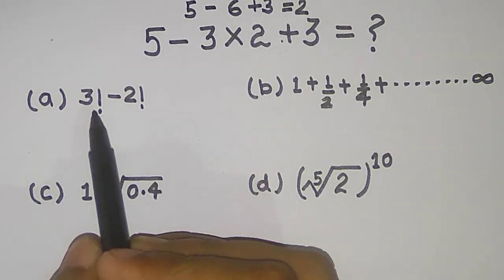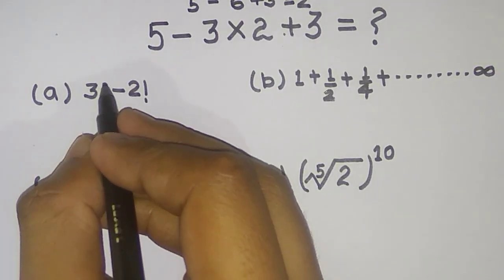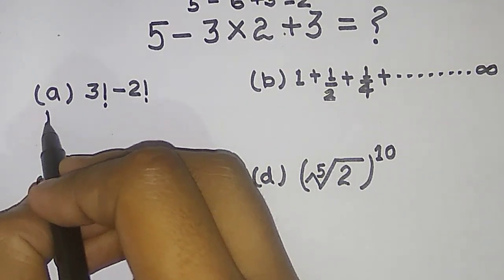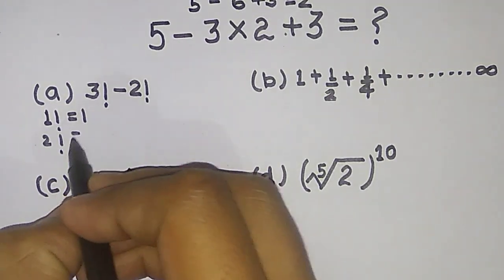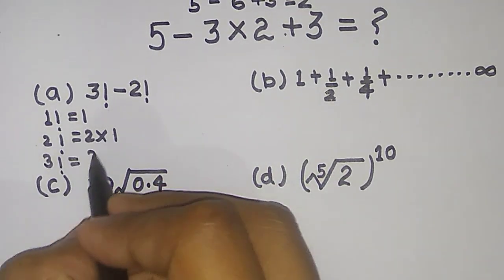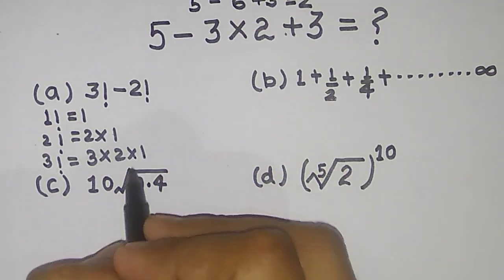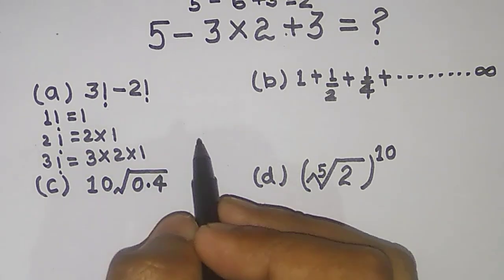So first you need to understand what a factorial is. This sign is called factorial. 1 factorial is equal to 1. 2 factorial is equal to 2 into 1. Like that, 3 factorial is equal to 3 into 2 into 1. 4 factorial is 4 into 3 into 2 into 1.